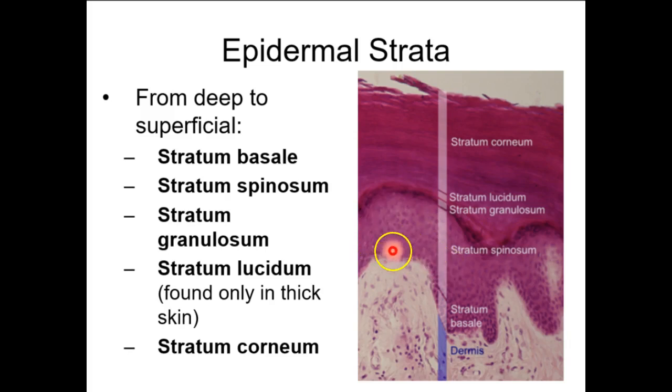So as we get further away from that oxygen and those proteins, carbs, fats that we need from the cardiovascular system, the cytosol is going to start to dry out a little bit. While it starts to dry out, the cells start to take on a spiny appearance. These names are not accidental, they were very literal. Stratum spinosum, the cells take on a spiny appearance.